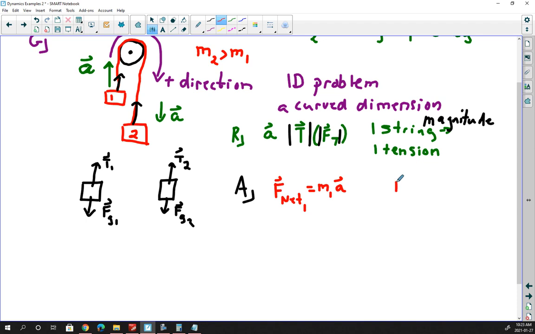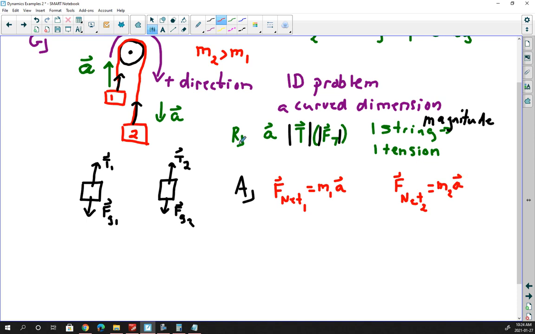And then F net on the second object, that's a horrible 2. Let me fix that. Is equal to mass of the second object times acceleration.